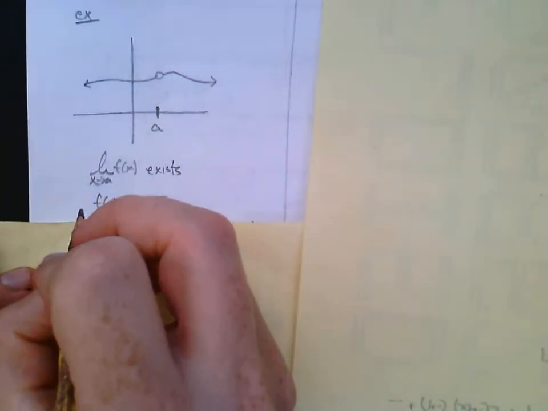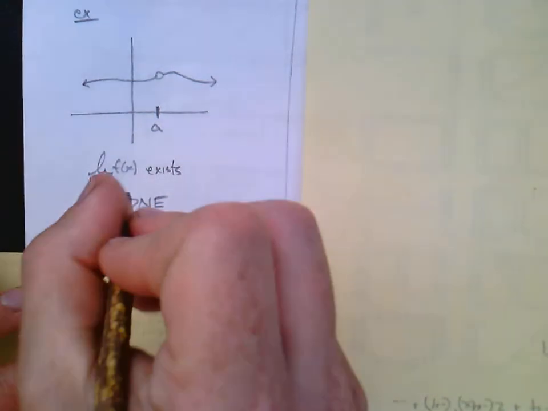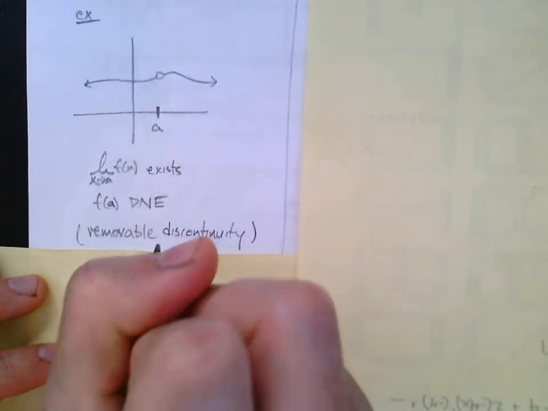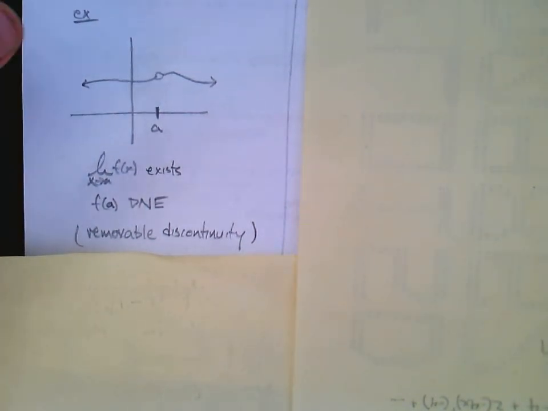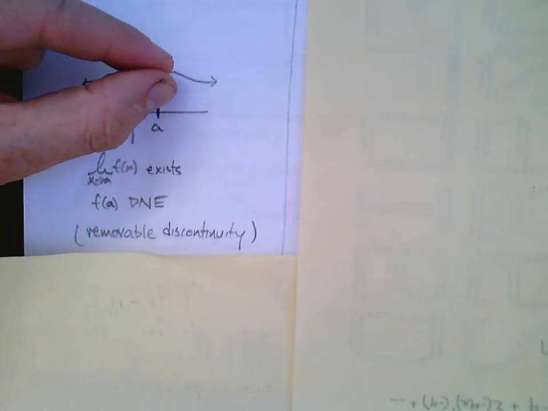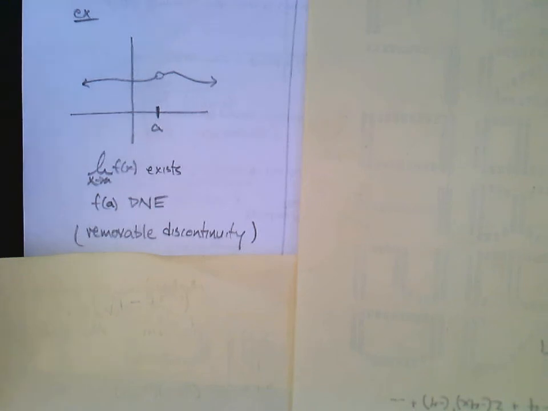Well, if the function value doesn't exist, certainly they cannot equal each other. Okay, so it's not continuous. We're going to call this one a removable discontinuity, and I kind of like that name because it's as if somebody reached down and just plucked that point out and threw it away.